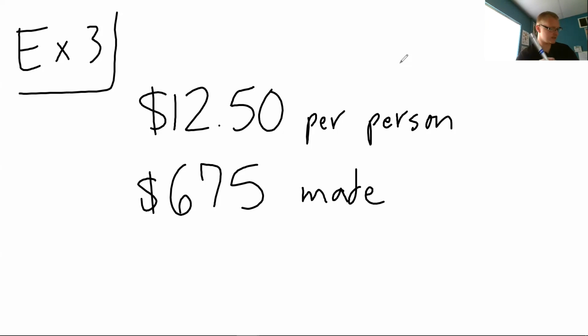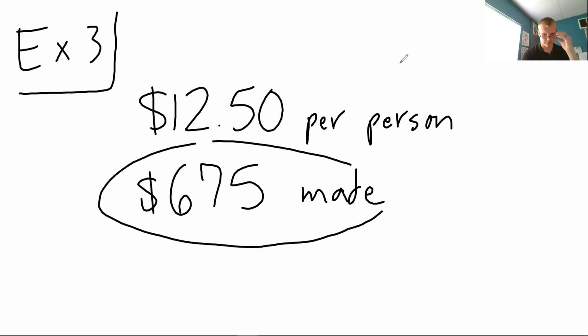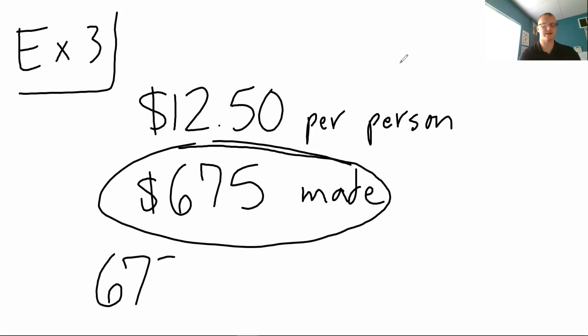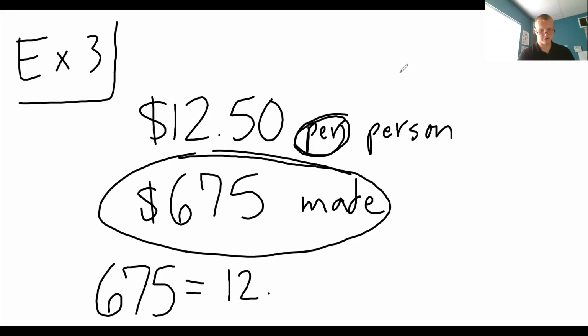All right, so let's see, how would we figure out and write out this equation? Well, my total here is $675. That was my total amount of money. So that's going to be all by itself. So 675 equals, whenever you see the word per, that usually means it's going to have a variable with it, like an x. So I'm going to have $12.50.